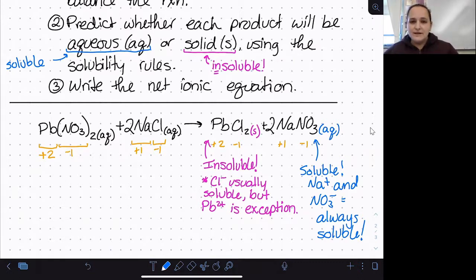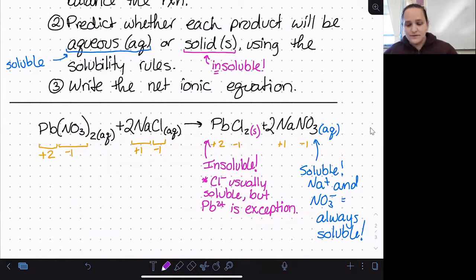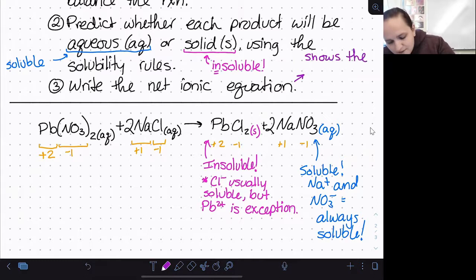So then the last thing that we can do is to use this to write the net ionic equation. In a previous video, we went through the whole process of going from the molecular to the total ionic to the net, but we can skip over the total ionic if we understand that the net ionic shows the formation of the precipitate from ions.